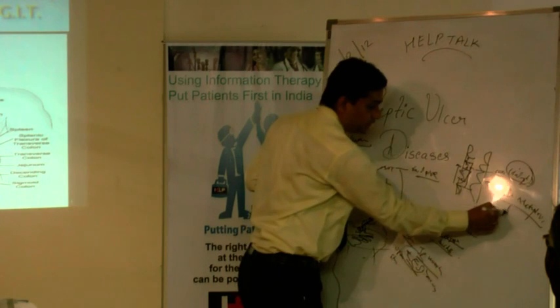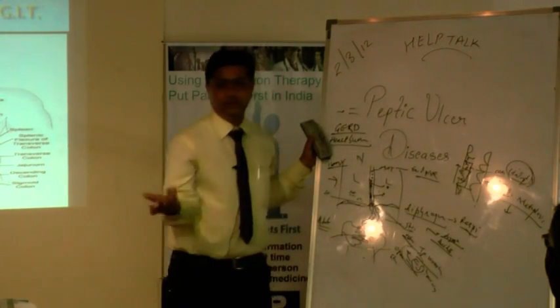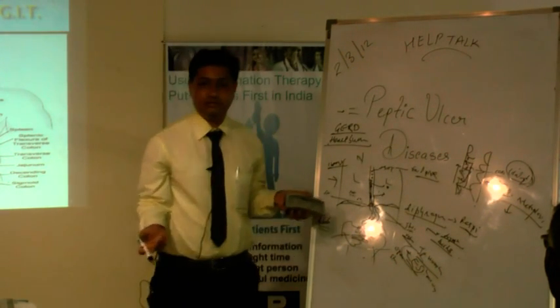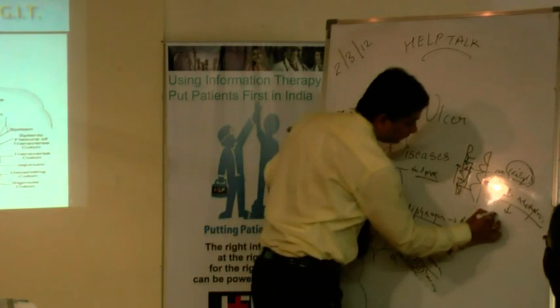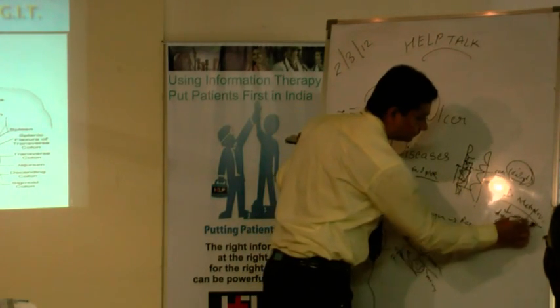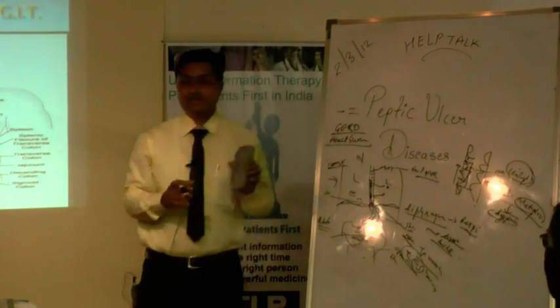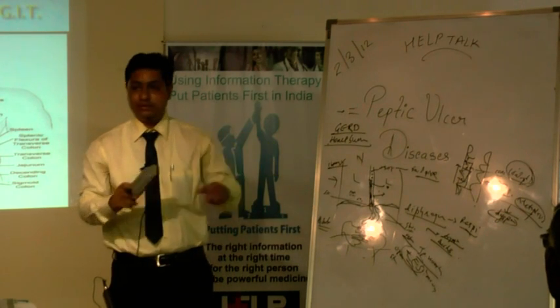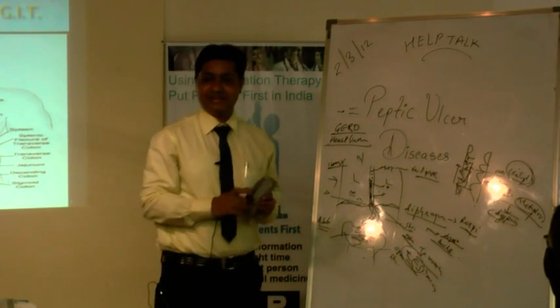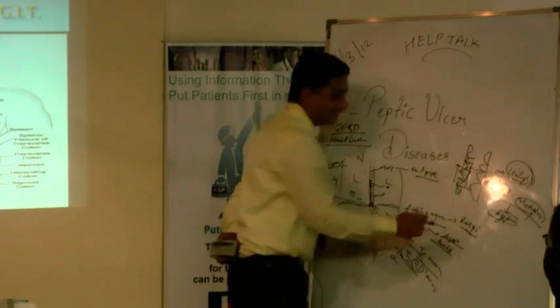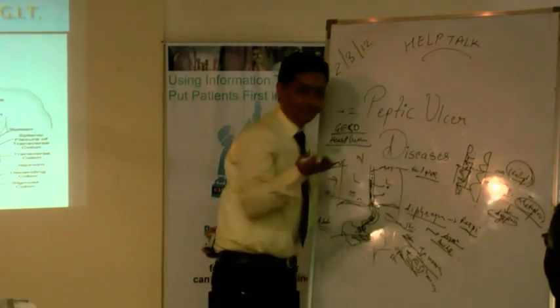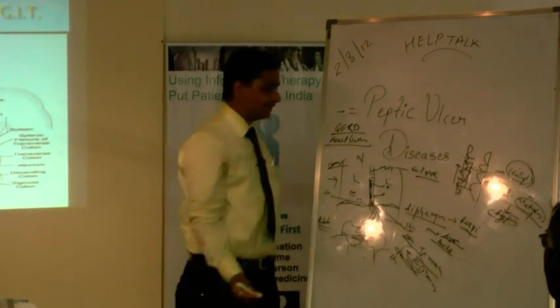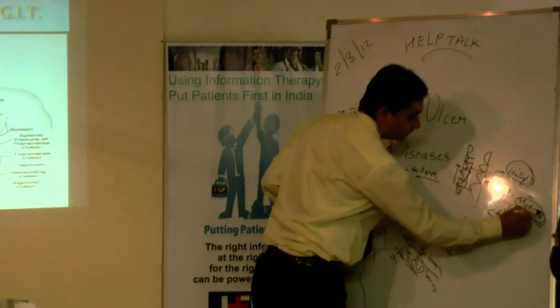After that, if it is long standing, then it will also give up, and it will cause dysplasia. Pardon these terms, I know these names only, pathological names only. I'll try to simplify it as much as possible.